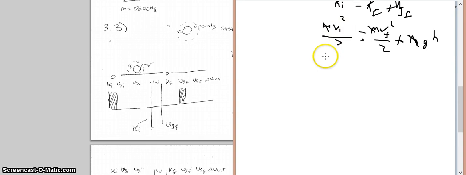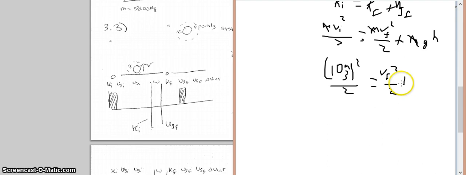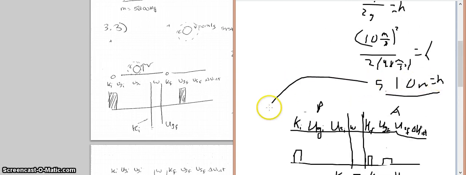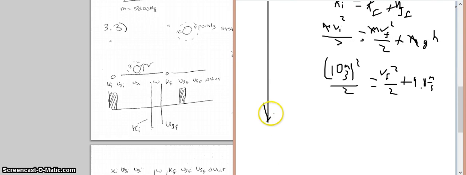We also know that initial velocity is 10. That'll be 10 meters per second squared divided by 2 is equal to the final velocity squared divided by 2 plus 9.8 meters per second squared times h. Now h is equal to 1/3 of what we got, so 5.10 divided by 3 is equal to the h that we're trying to find out.